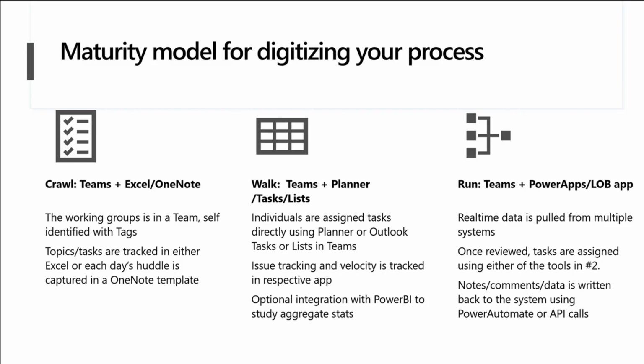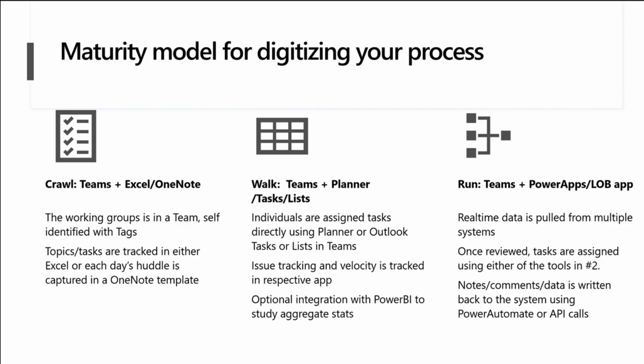Level 2 or level 1.5 in some cases is an extension of that where the task management happens in a Planner or Outlook tasks or lists in a team. Issue tracking and velocity in that case is tracked in the respective application. And then there's an optional connectivity with Power BI to study some of the aggregate statistics.